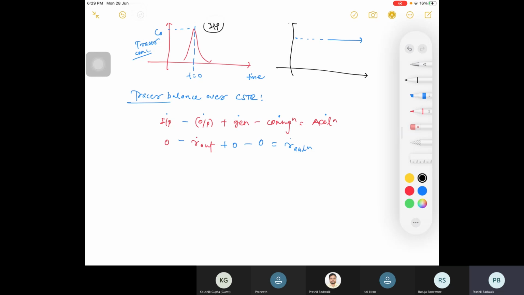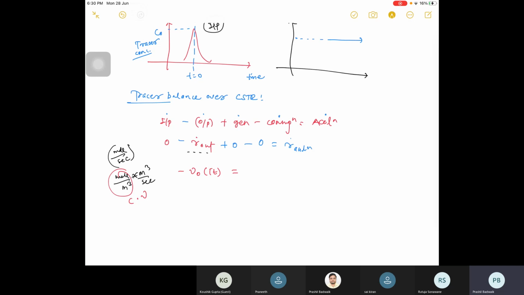So what is the rate at which it is coming out? It is your moles per second. So moles per second you can write as moles per meter cube into meter cube per second. So your quantity will be nu naught into your concentration at t, concentration into your volumetric flow rate, is equal to your accumulation. You need to take it per unit time.